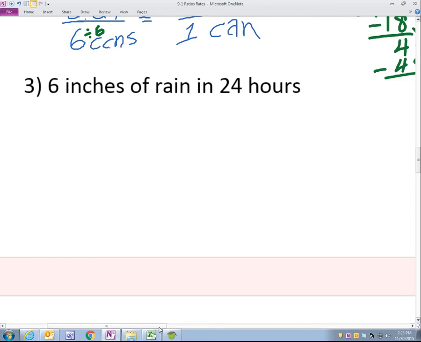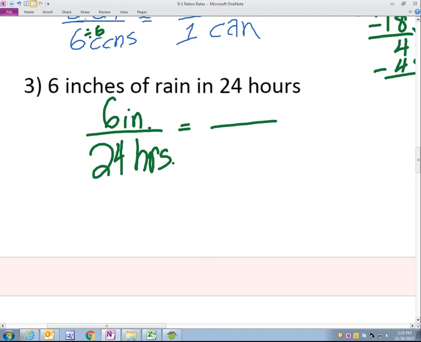So we have 6 inches of rain in 24 hours. So we have hours, so we're going to put that in the denominator. So we have 6 inches in 24 hours. And I need it to be 1 hour down here.